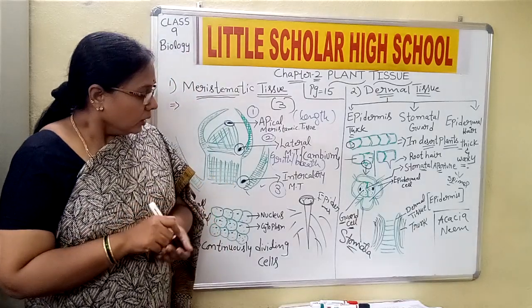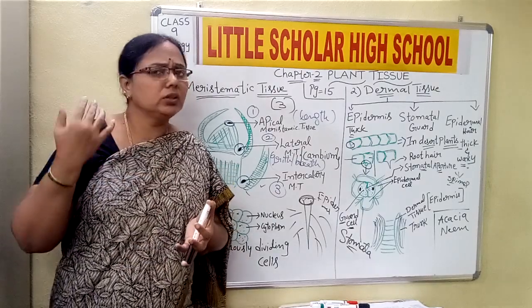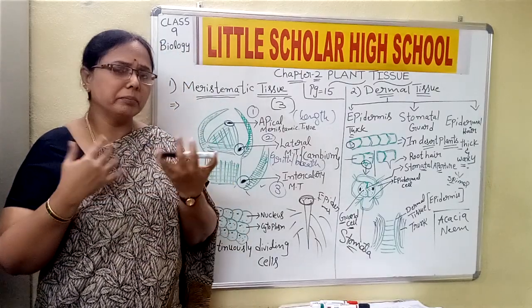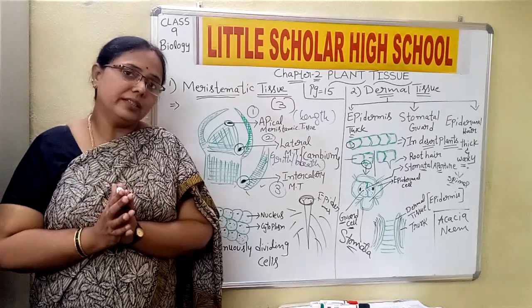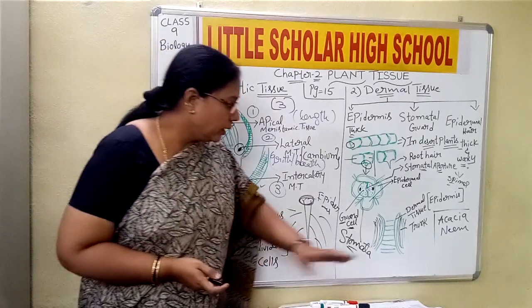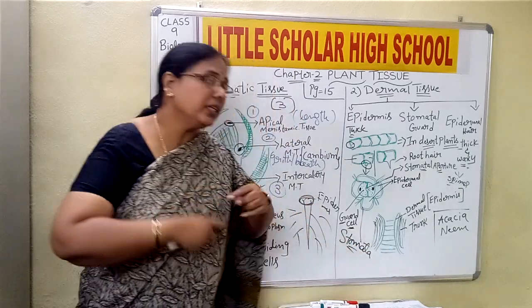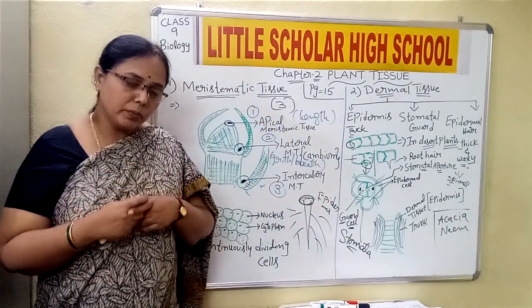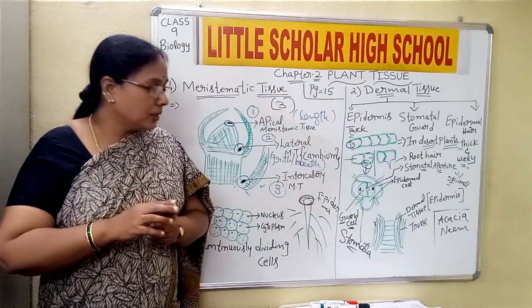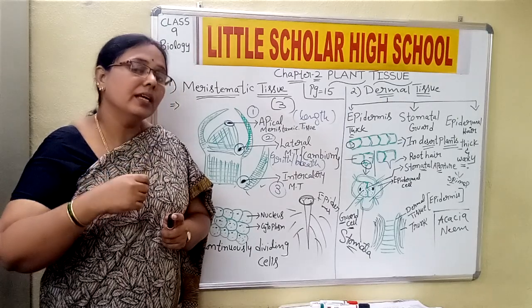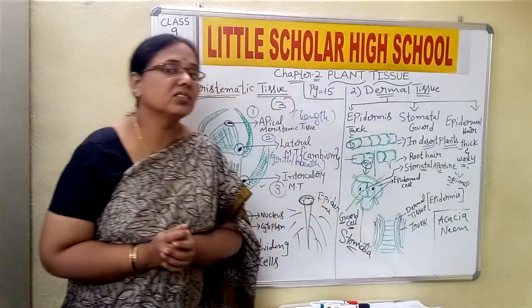Now, in some of the big trees, children, we have many huge trees like mango, neem, banyan tree and all. In these huge trees, the epidermal tissue takes many layers, and these many layers are nothing but what we refer to as the trunk.